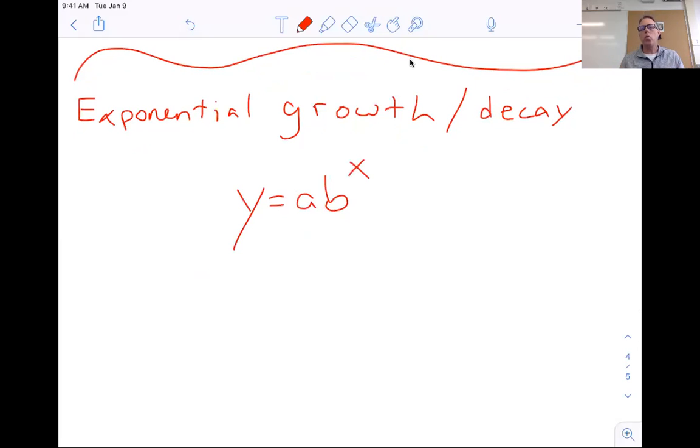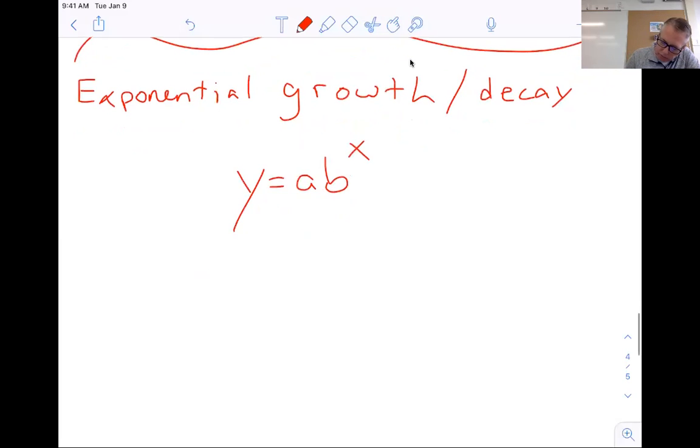But let me explain what each of those letters stands for. In this case, the y is your final amount. A is your initial amount, how much you start with.